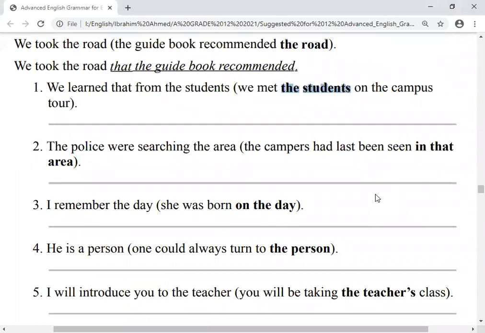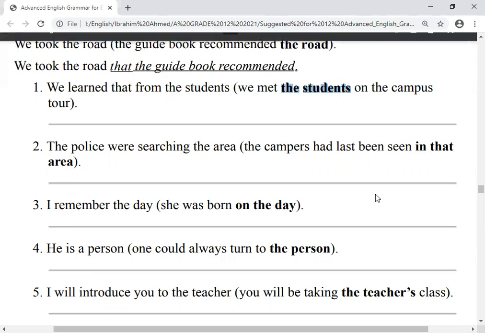What is the function or the role of the word students here? Is it subject or object, Minna? Object. So with objects, do we use who or whom? We are talking about standard English. So it should be: we learned that from the students whom we met on the campus tour. Thank you, Minna.